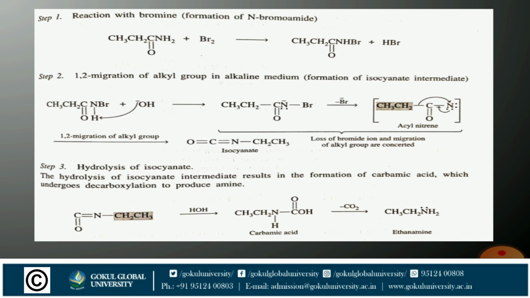In the third step or last step, the hydrolysis of the isocyanate intermediate results in the formation of carbamic acid. Hydrolysis means the treatment with water molecule. Here the isocyanate reacts with a water molecule, the double bond between nitrogen and carbon breaks and addition of HOH occurs.